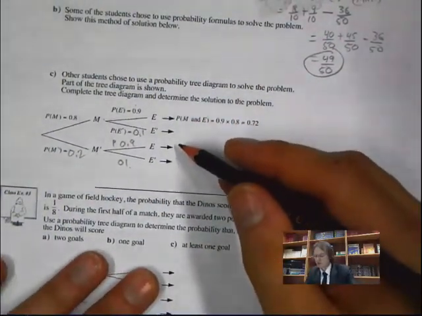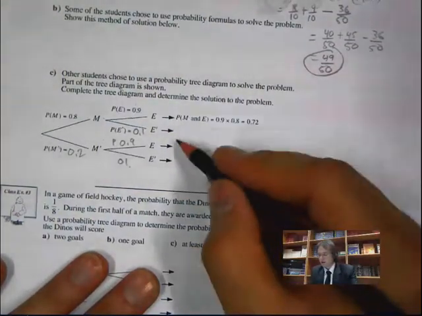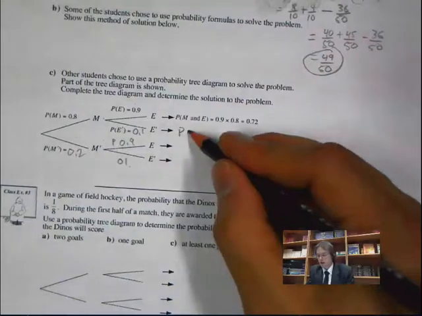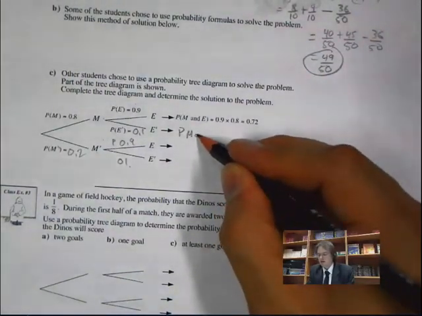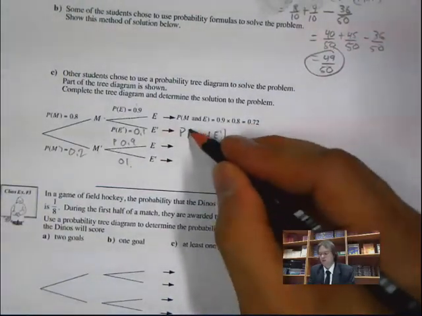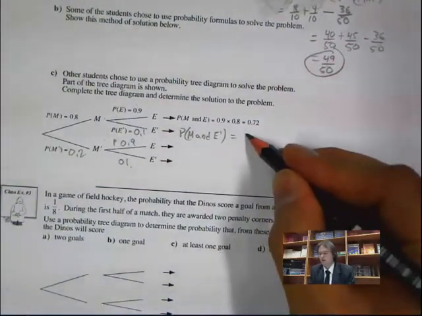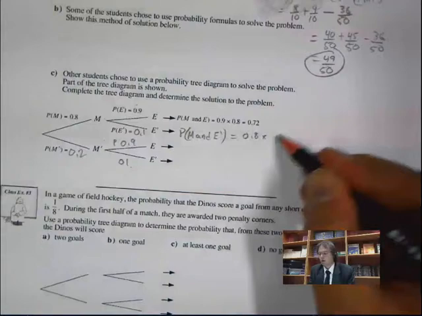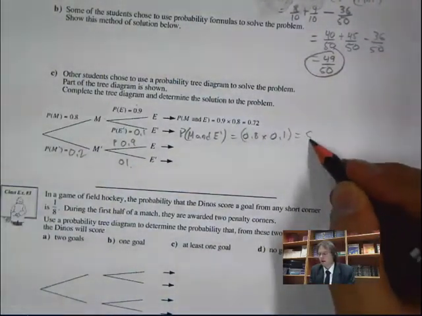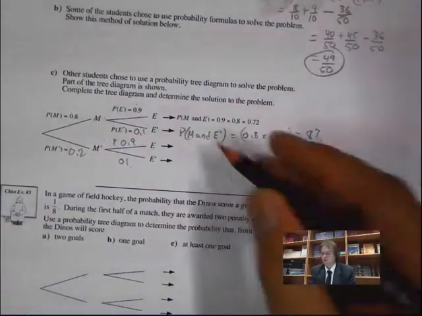Okay? So if we continue this, we end up getting, for this one, the probability of M and not E, and that little tick from what we learned before means not, is equal to 0.8 multiplied by 0.1, which is equal to 8%. Okay?